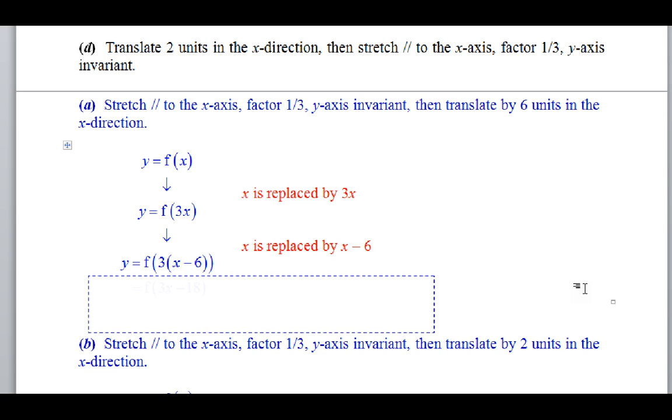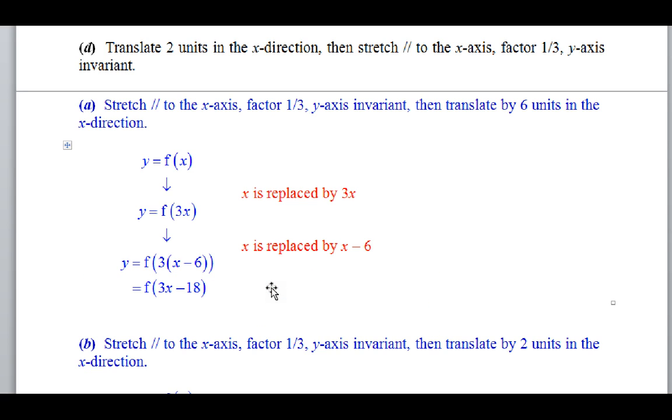So now, if I expand this bracket, what do we get? We get f(3x minus 18), which is not what we want. We actually want f(3x minus 6). So with that, we can be quite sure that B should be the right transformation we are looking for. Am I right?